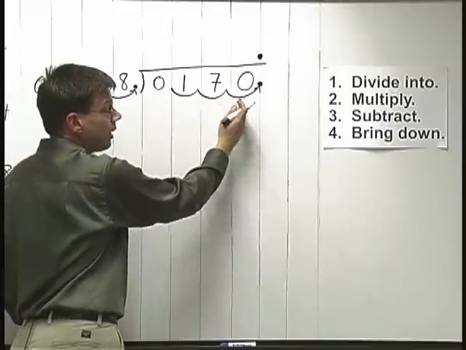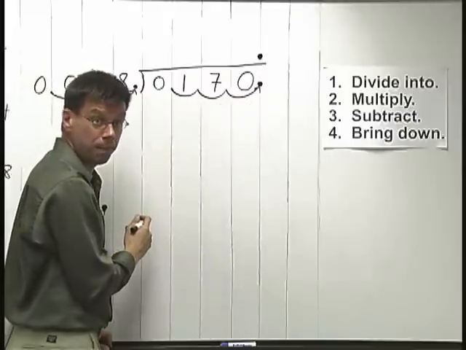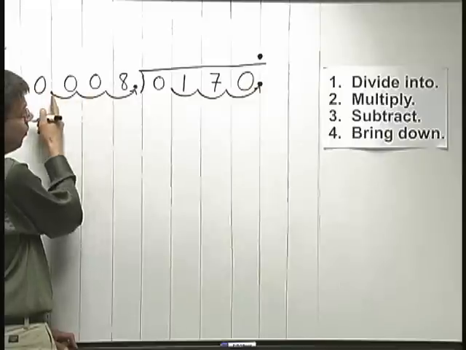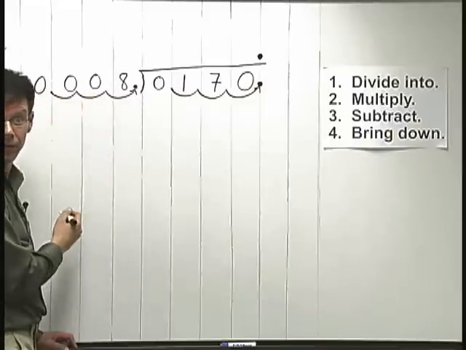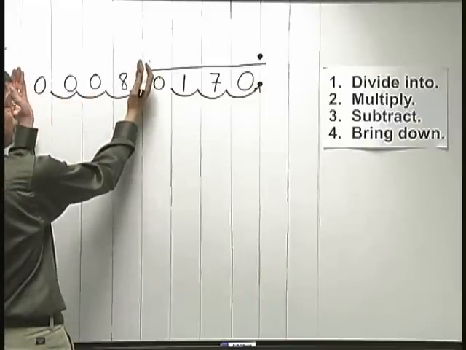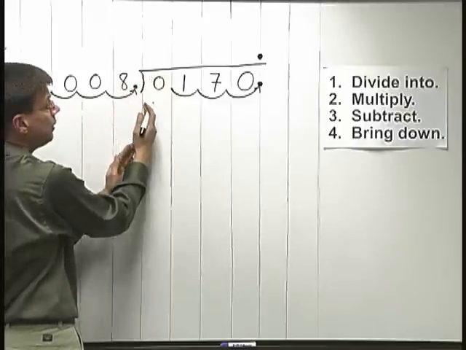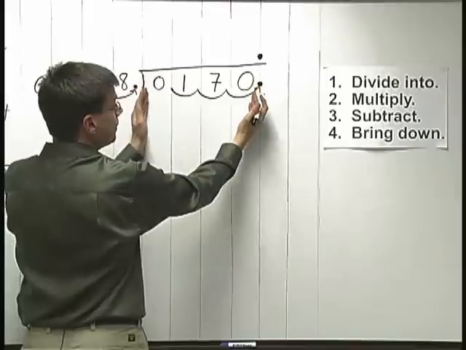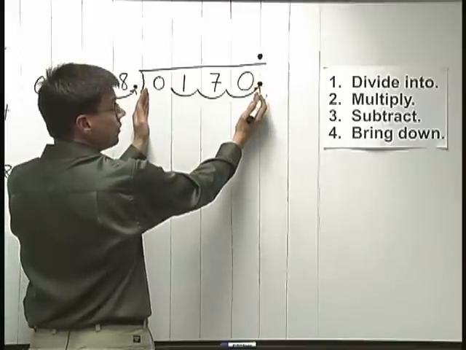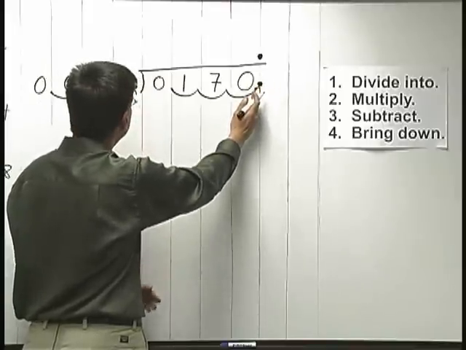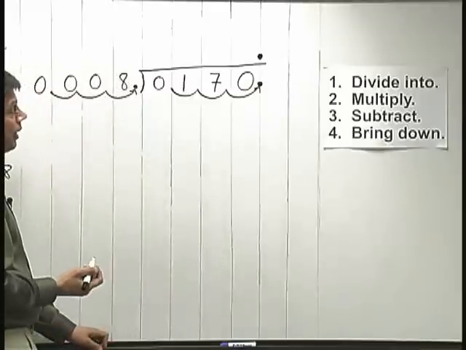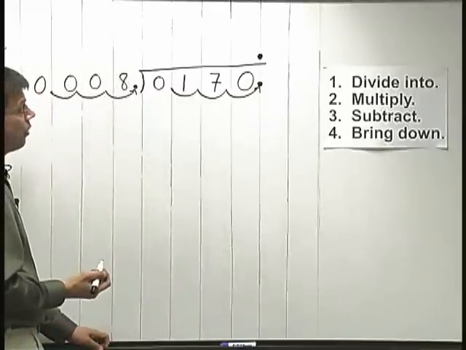That's the same as 170. Zeros in front of a whole number don't add to the value of the whole number. So 0.008 is just 8 into 0.170 point is just 170. Now let's go ahead and start the long division process here.